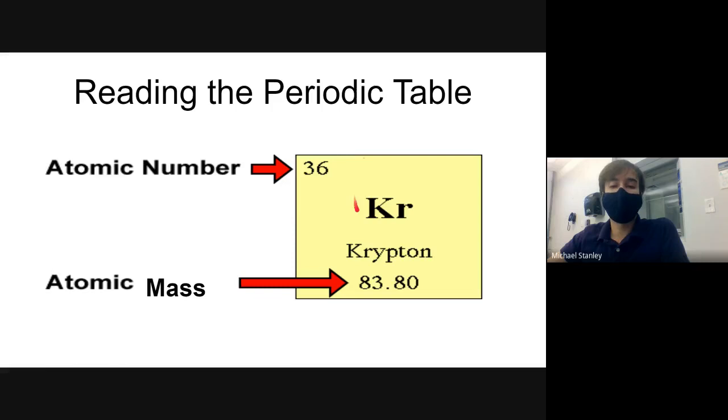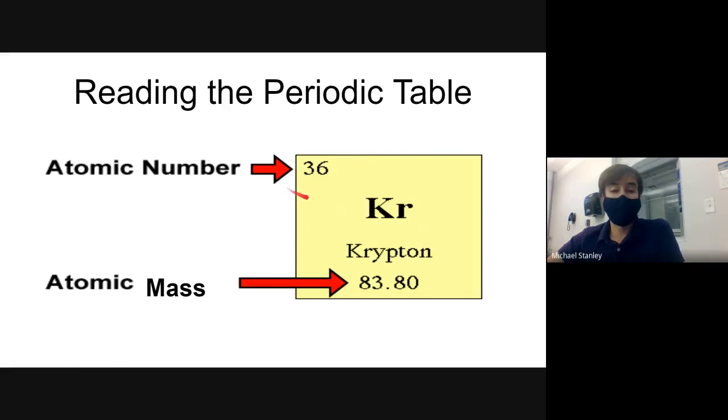We have the symbol or the abbreviation for that atom. So each different atom gets a different 1 or 2 letter chemical symbol. Right? So carbon is C, oxygen is O, helium is He, krypton is Kr. So just a short 1 or 2 letter abbreviation for that atom. So those are the two easiest things to see right off the bat.